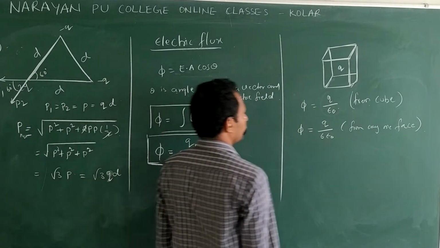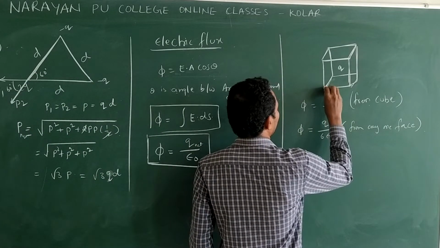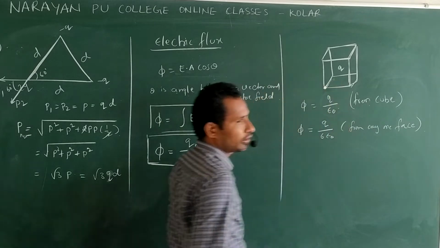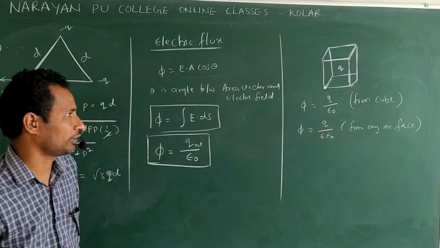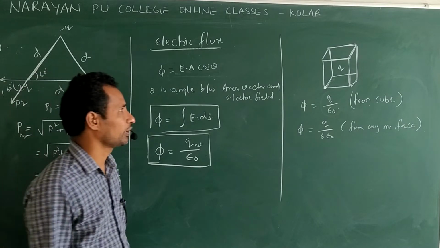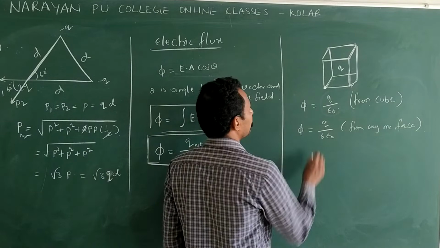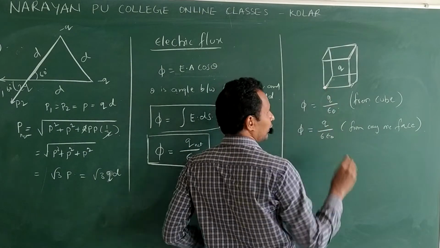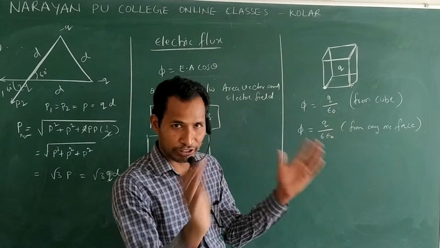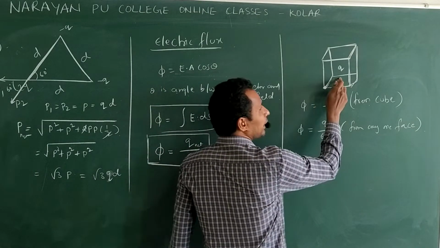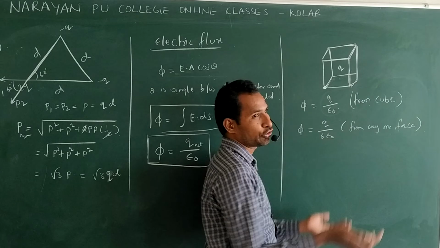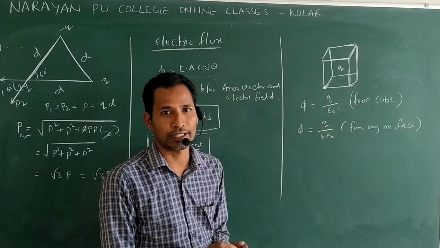Suppose they place the charge at the corner of the cube, and they ask what is the flux coming out of each cube. In that case, this corner is shared by 8 cubes. Clear? So for all 8 cubes the total is Q by epsilon naught.